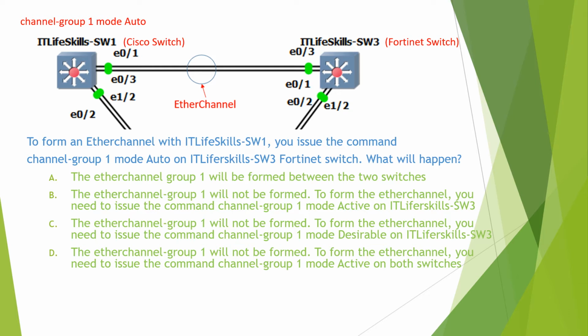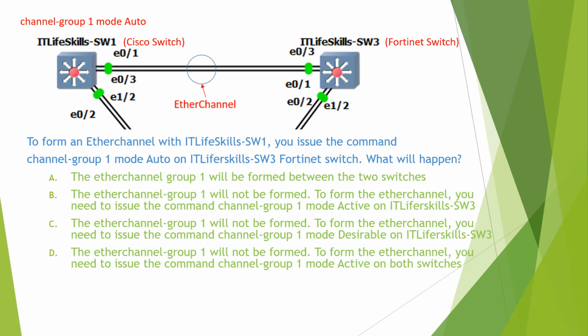First of all, we need to recognize that when we issue the command channel-group 1 mode auto, we are using the PAgP protocol, and PAgP is a Cisco proprietary protocol and it only works on Cisco switches. When you issue the command on a Fortinet switch, it will give you an error.